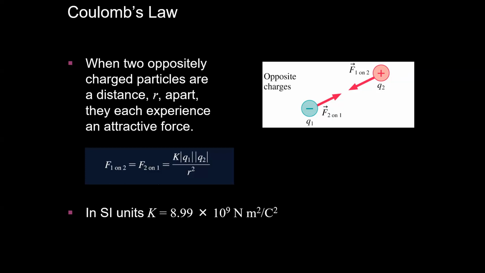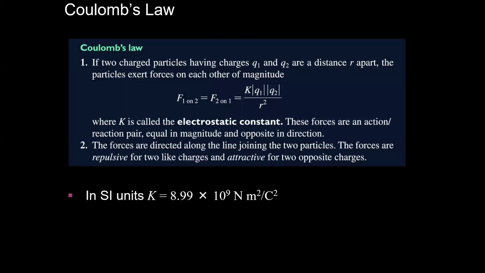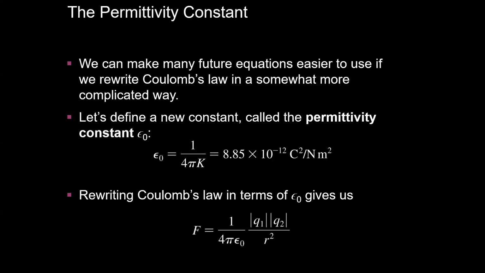What you'll notice about capital K, though, is that it has units, and the constant is 9.0 times 10 to the 9. And this is a little summary that you'll find in the textbook for when to use Coulomb's law and how to apply it.